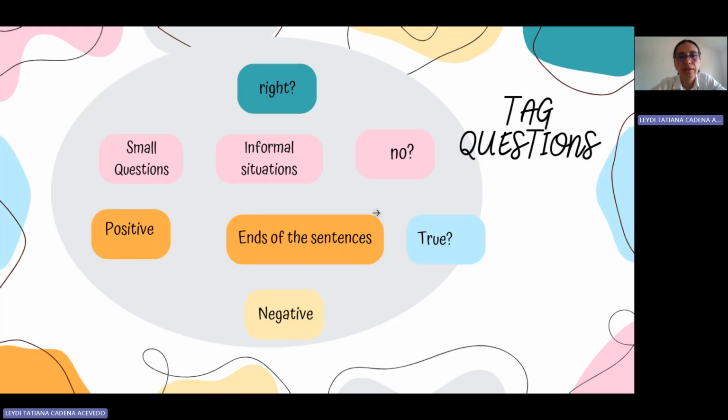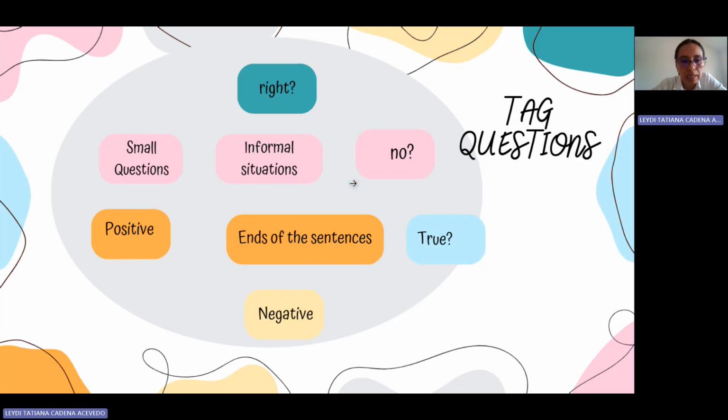We often hear about tag questions, but what are they? Tag questions are small questions that we ask at the end of the sentence to confirm information or to ask for agreement. They are mainly used in informal situations.